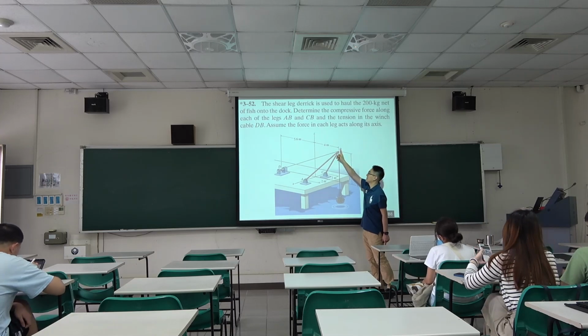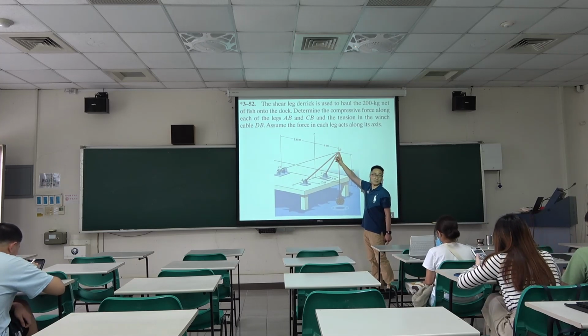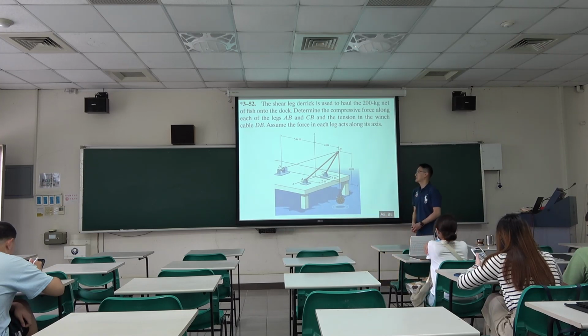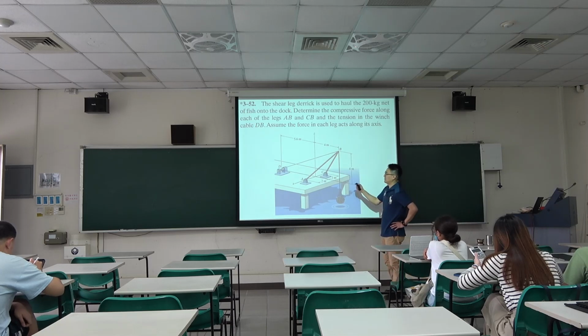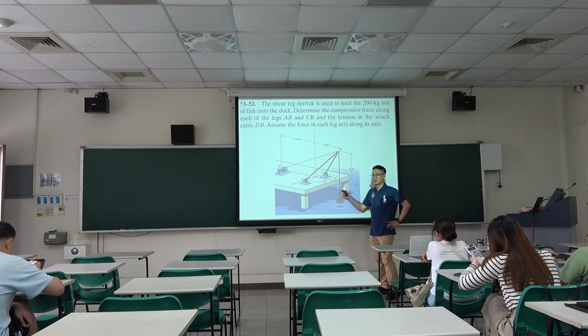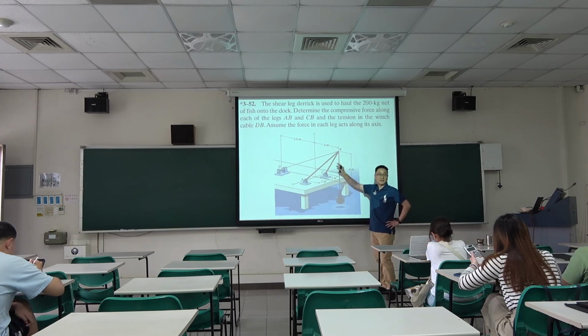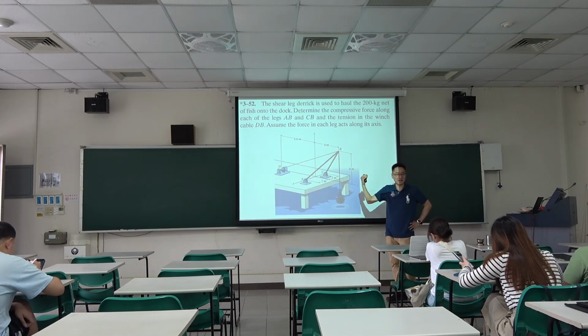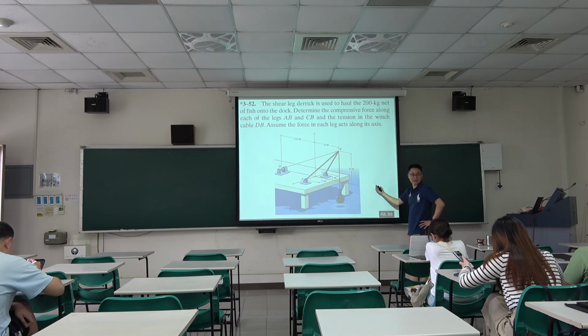So we consider force equilibrium at this point. Then we should use unit vectors to work out each force, including the cable and leg forces. And how do we work out a unit vector? We use the position vector divided by its length.